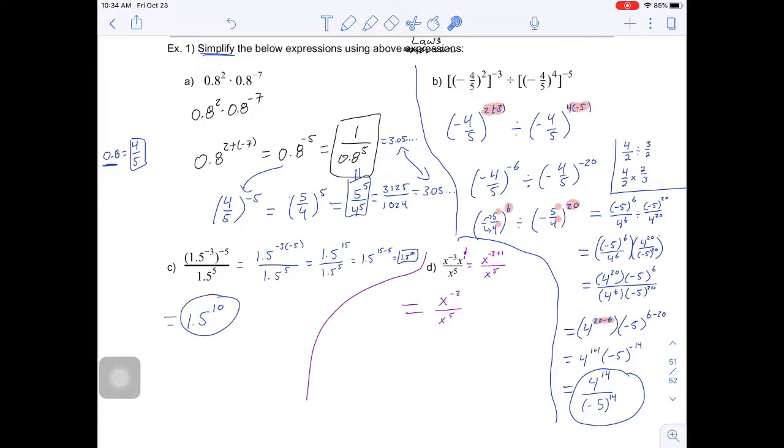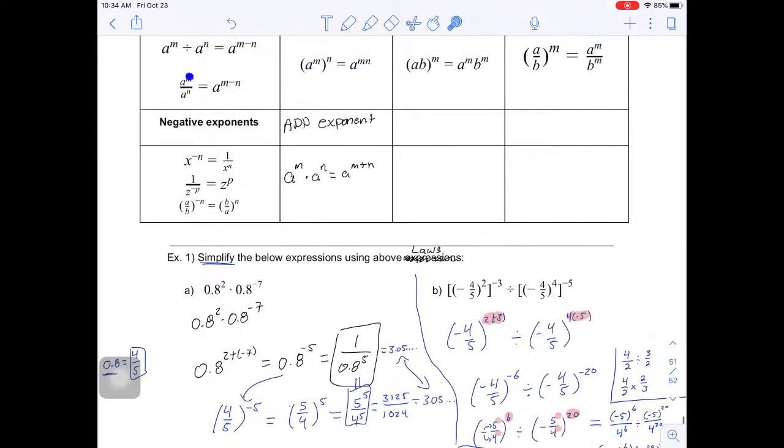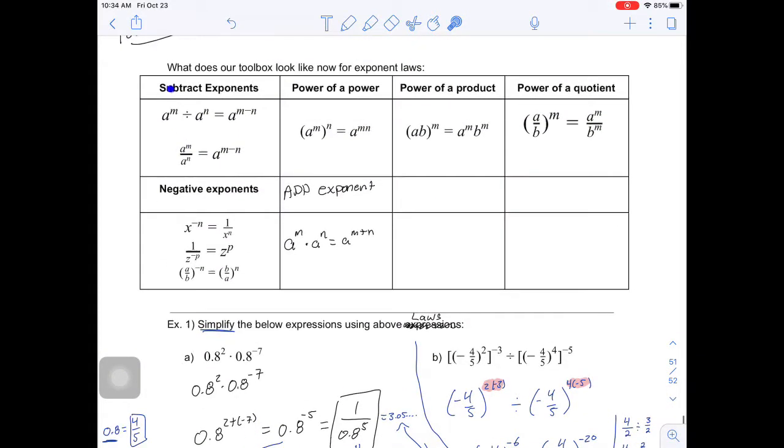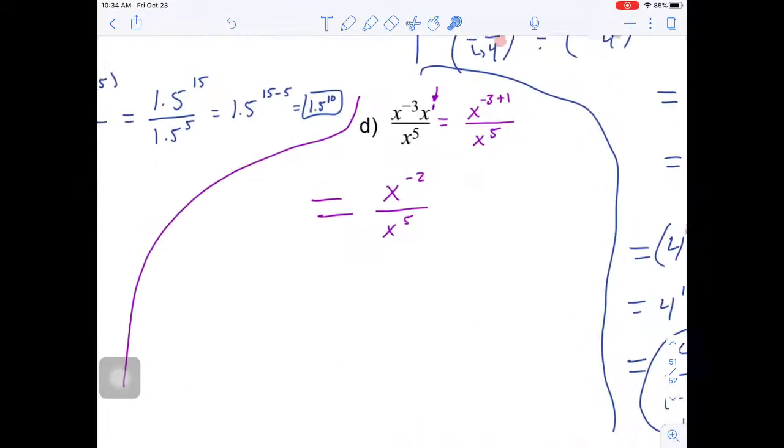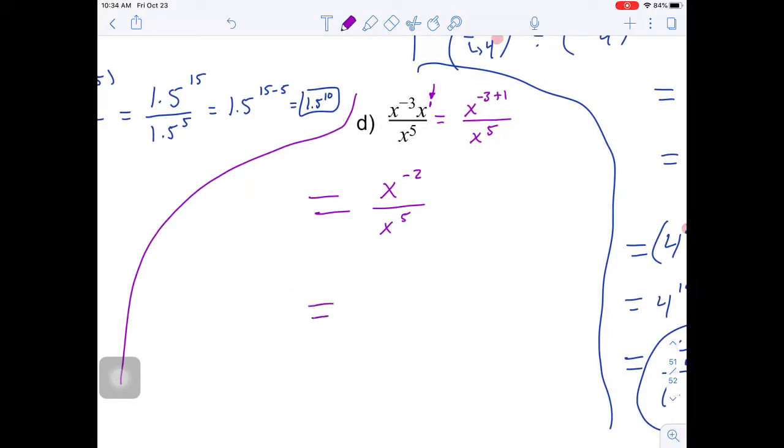So what happens when you have two similar bases dividing each other with exponents? Well, you take their exponents and you subtract. So I'm going to use the subtract exponents law. So here, this becomes x to the power of negative 2, subtract 5, and I'm left with x to the power of negative 7.